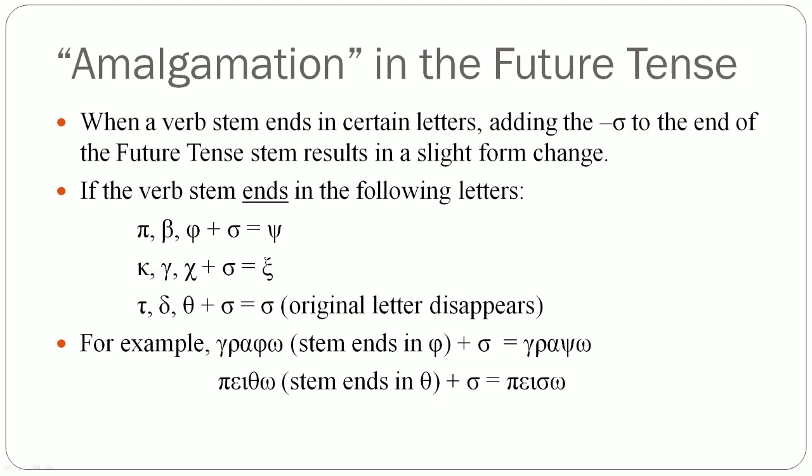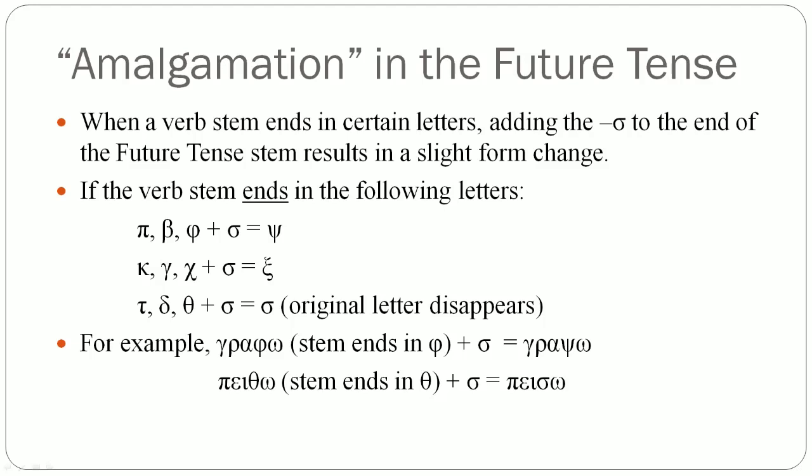Okay, amalgamation. In Greek, what that means is that two letters are combining to form a separate letter. All right, when you have a verb stem that ends in certain letters, when you go to add the sigma in the future tense, that sigma will blend with the letter that ends the verb stem, and it will produce another letter, a different letter, and so you'll end up with a slight form change.